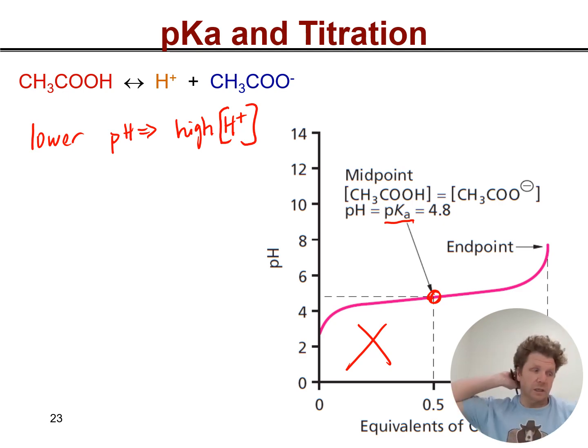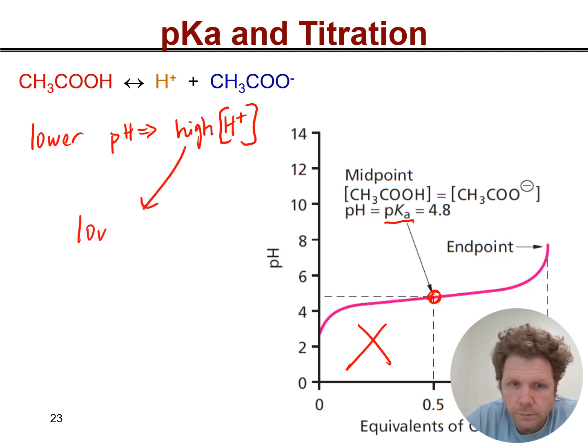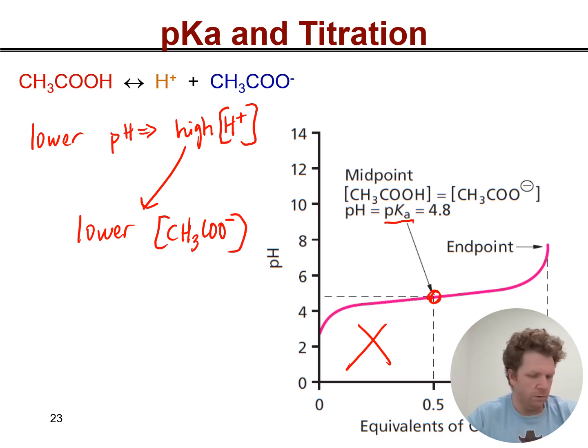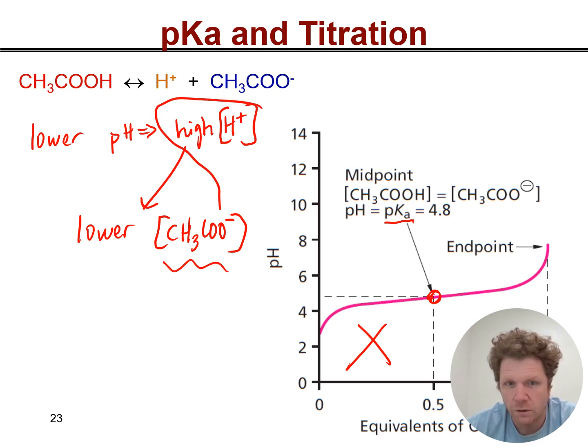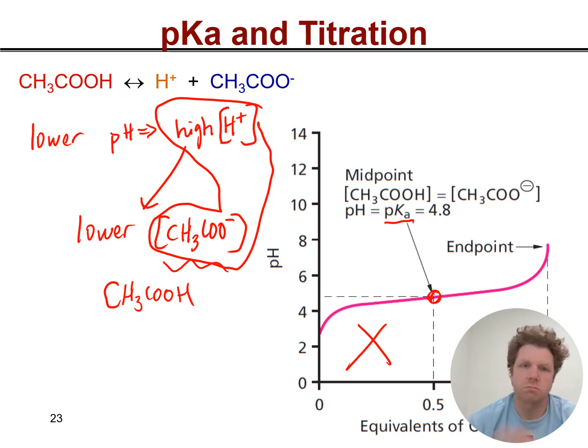They're going to look for groups that they can jump onto, and if they can jump onto them, they're going to. So if you have a high concentration of hydrogen ions, then you would expect to have a lower concentration of CH3COO minus. Because wherever these hydrogen ions are, they're going to say, okay, fantastic, we're going to together make a CH3COOH. Done.